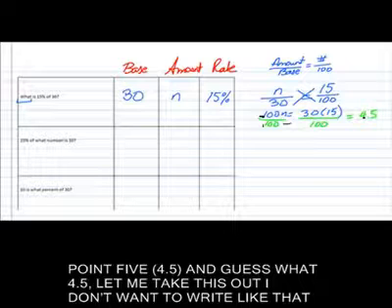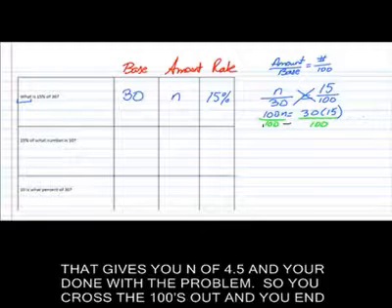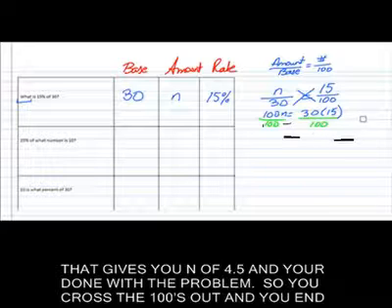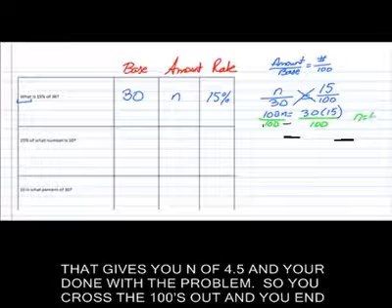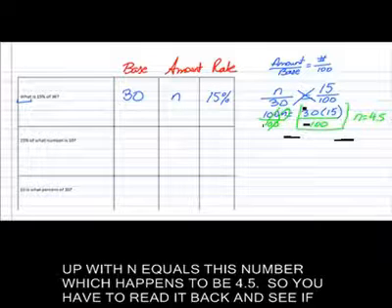So you cross the hundreds out and you'll end up with n equals this number, which happens to be 4.5.